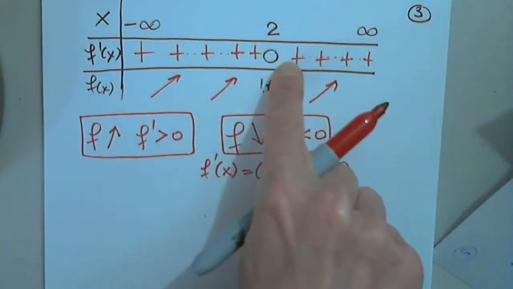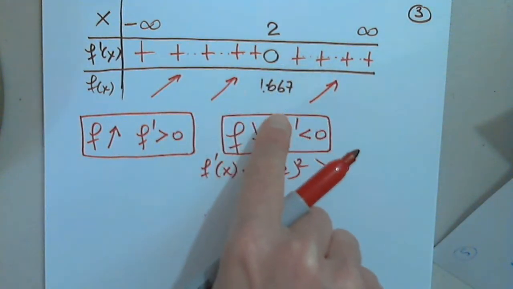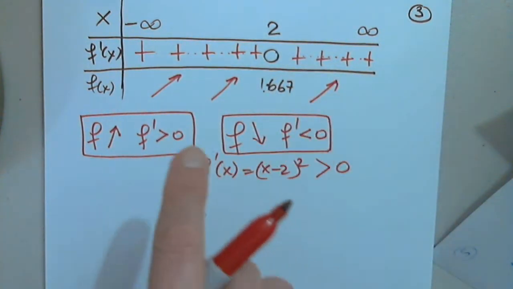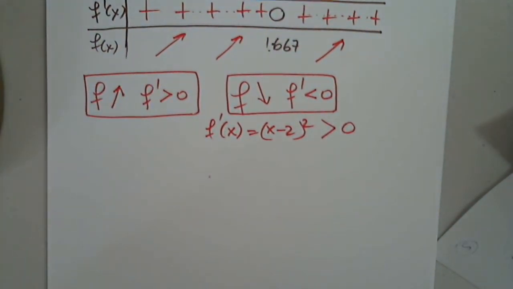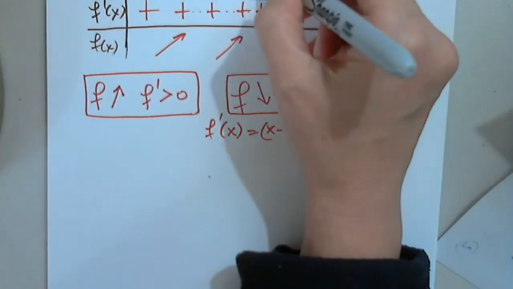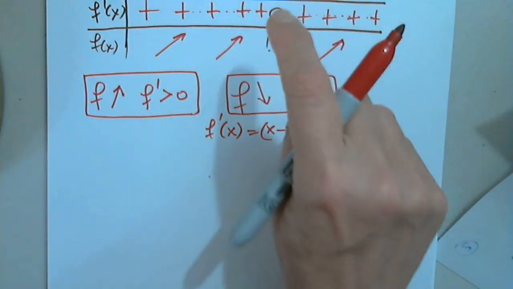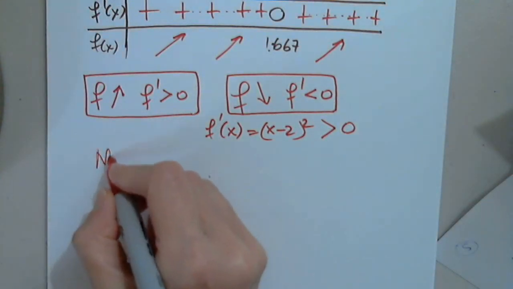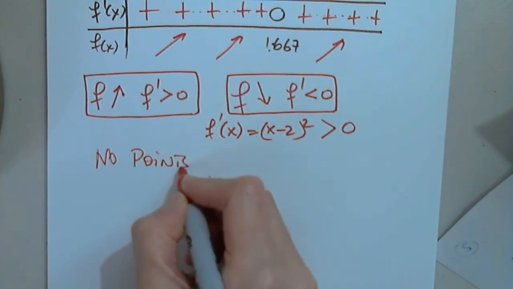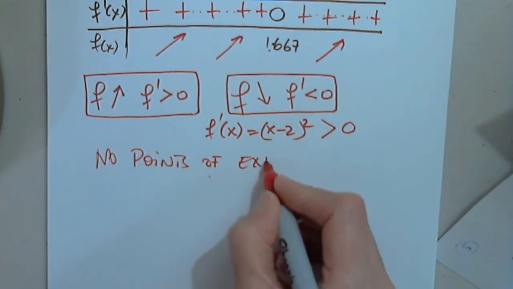Because the first derivative is positive, the function will always increase. A function that is always increasing, does it have max min? So this is the critical number. But does this turn into a max or a min? No. Excellent. So no points of extrema.